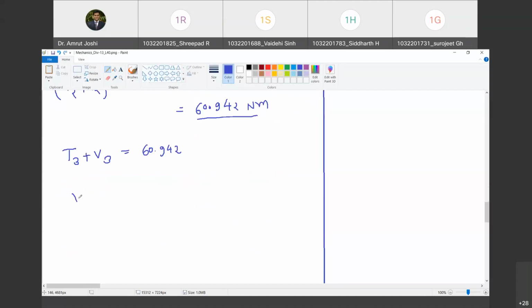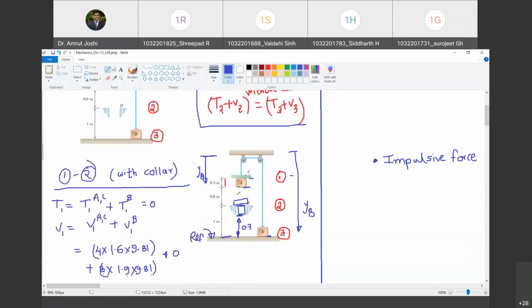Now let us calculate V3. V3 will be equal to V3 of block A plus V3 of block B. You can imagine when block A has reached the ground, block B will be lifted by the same amount. So when block A has reached the ground, it has traveled 1.6 meter, and the lower surface of B would have traveled up by 1.6 meter.